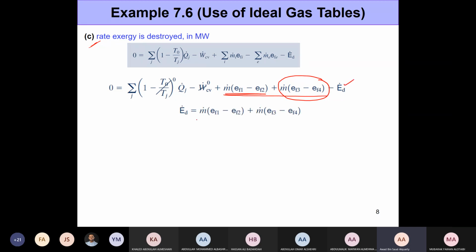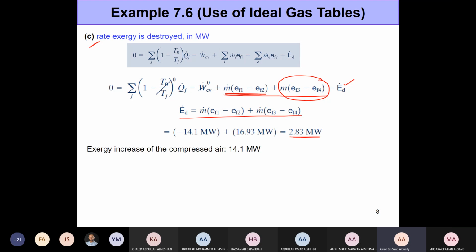Okay, so when you plug in the differences that we just calculated, it comes out to be 2.83. All right, so the exergy increase of the compressed air, which is the desired output for a heat exchanger here, is 14.1. This exergy increase of the compressed air happened at some cost, right?